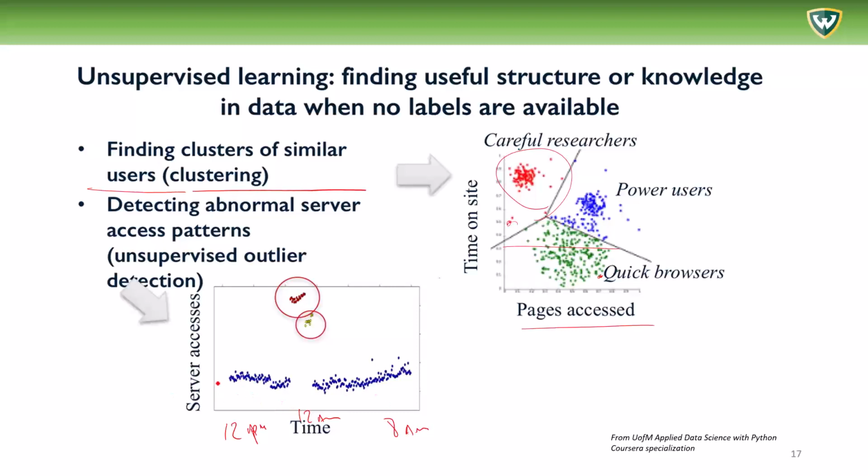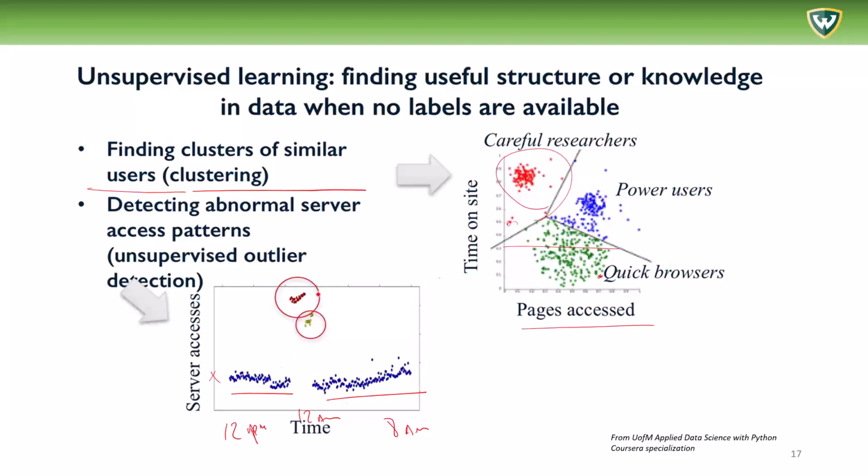So you notice that people usually access X amount of servers at these specific times, kind of in the evening and then maybe in the morning.